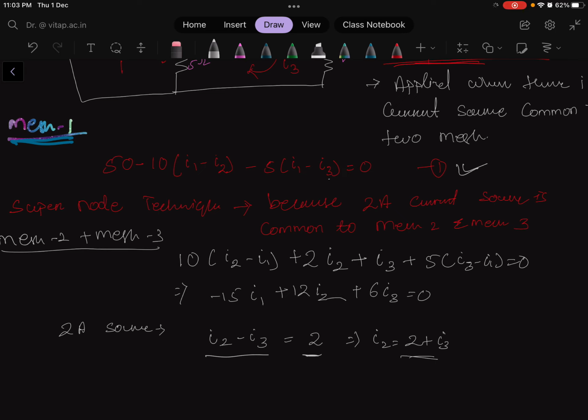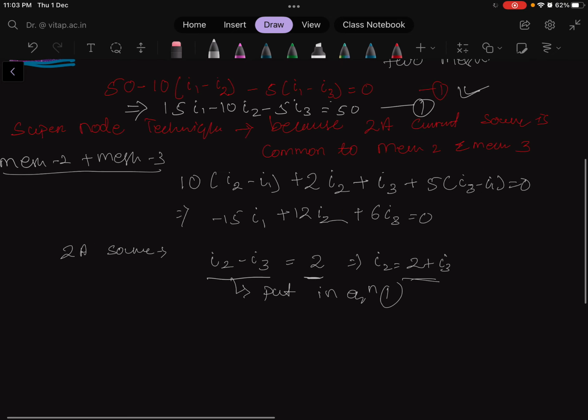It can be solved also. First, let me write the solved one: 15 I1 minus 10 I2 minus 5 I3 equals 50. You can write it like this. I will put this in equation 1, so now this becomes my equation 1 after solving.